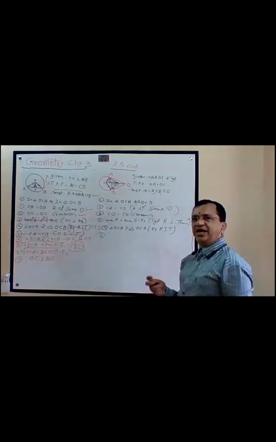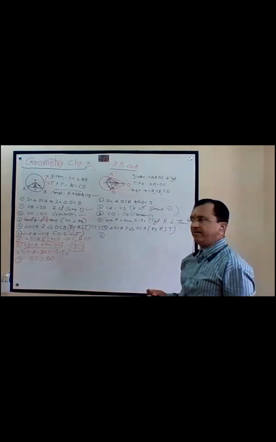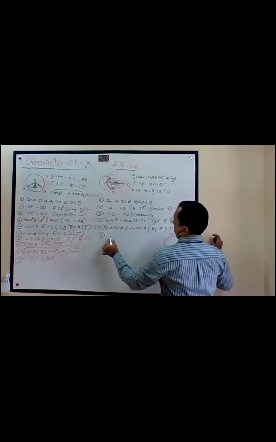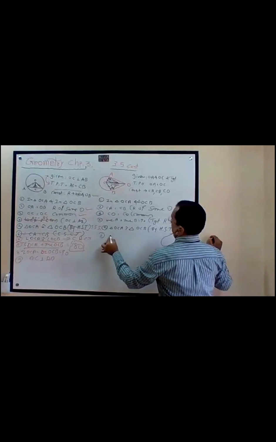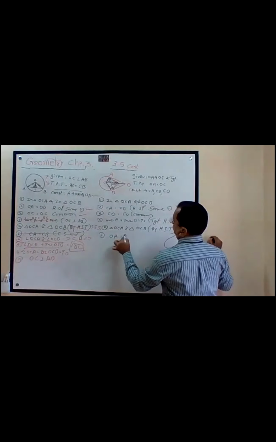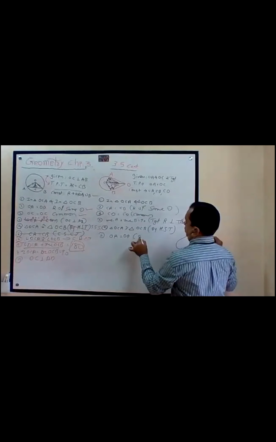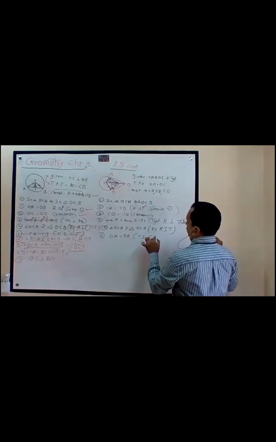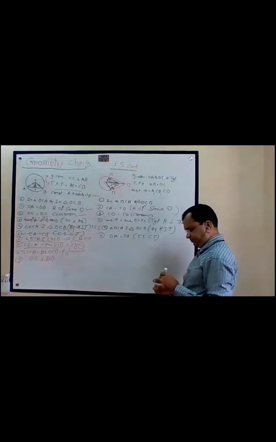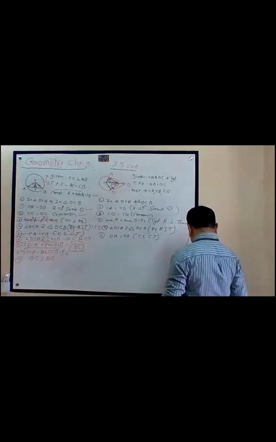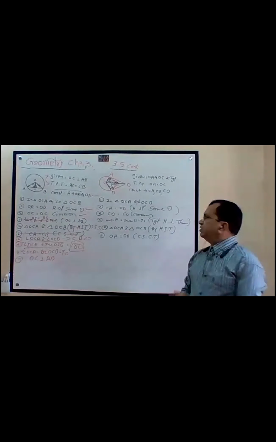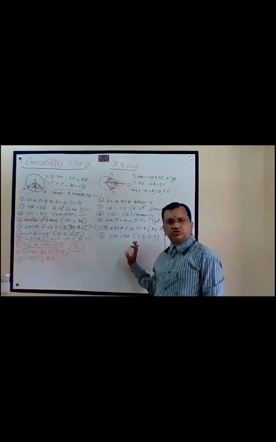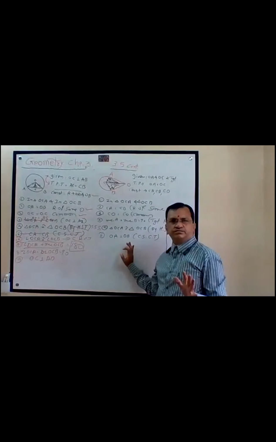Therefore, if triangles are congruent, sides are congruent: OA is equal to OB, congruent sides of congruent triangles. This is the most important theorem.